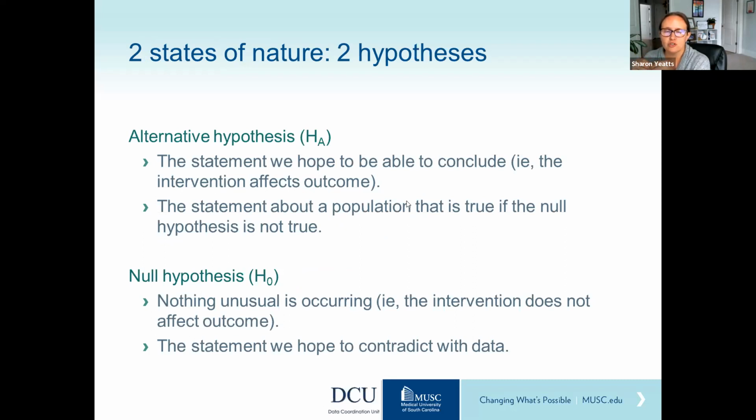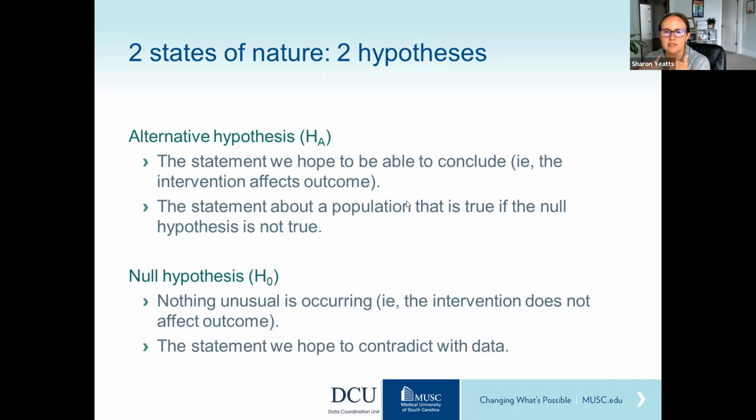So there are two states of nature which we consider to be reflected by the two hypotheses that we state. The alternative hypothesis, I'm sure all of you are familiar with. This is the easiest one to state, I think, because it's what you want to be able to conclude at the end of the trial. So in a typical superiority study, what you want to say is that the intervention affects outcome, and that would be your alternative hypothesis.